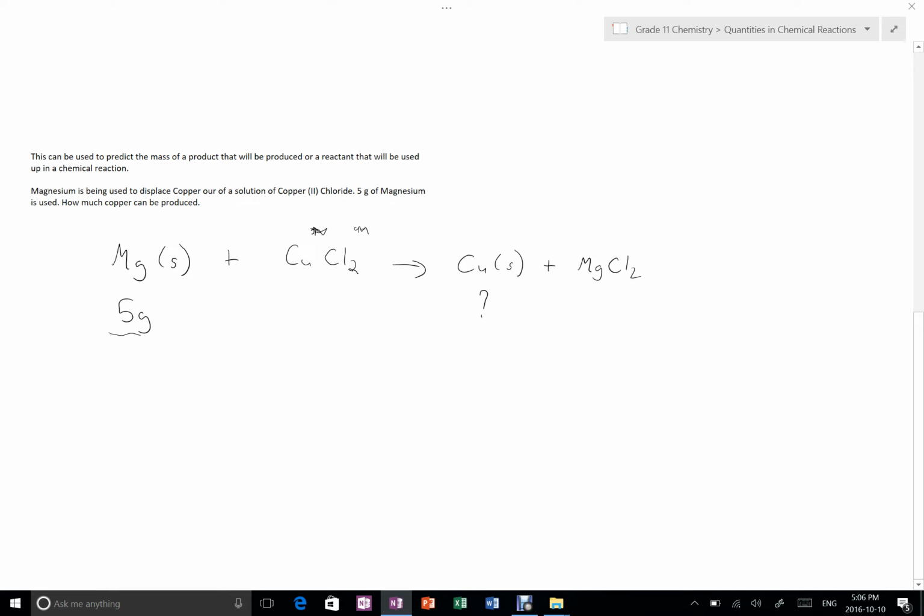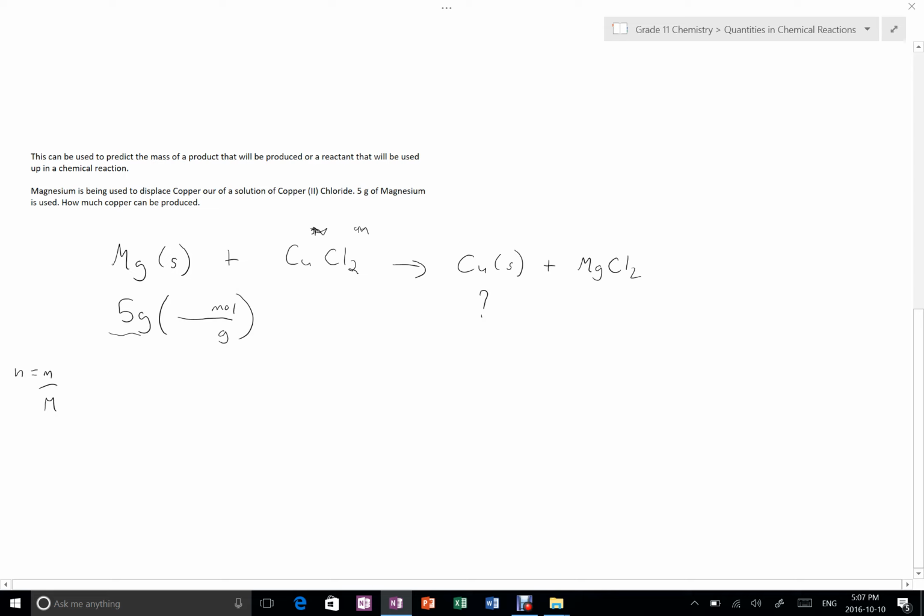Remember that this 5 grams represents the actual mass, and this chemical equation, which is balanced as is, represents the relationship between the number of particles, or the moles of particles, in the chemical reaction. And so to do any sort of calculation with this, I need to change this 5 grams into a number of moles. I can say that moles is equal to mass over molar mass, or I can convert from mass, dividing out the mass, to produce moles.